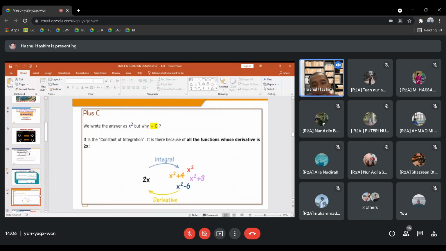Okay, and then plus c, why plus c? Because the constant of integration is there because of all functions with derivative 2x. So we have x squared, and the antiderivative will be 2x. If we find x squared plus 4, the antiderivative will be 2x. And then x squared plus 3, antiderivative will be 2x.